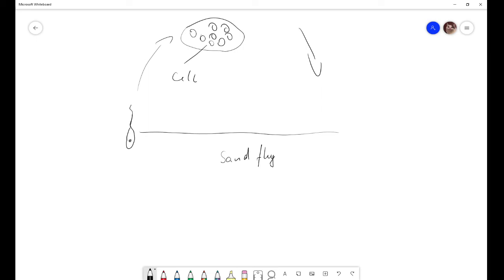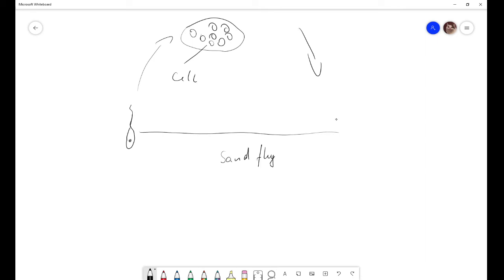The organ could be the skin, for example, the liver, or maybe gastric organs, or the brain. It depends on the species.